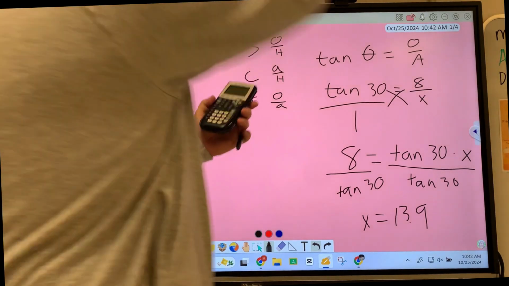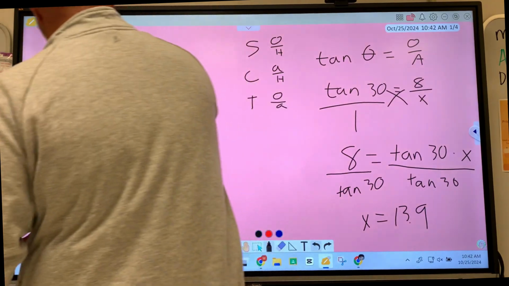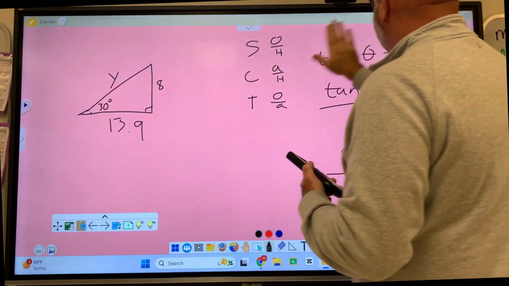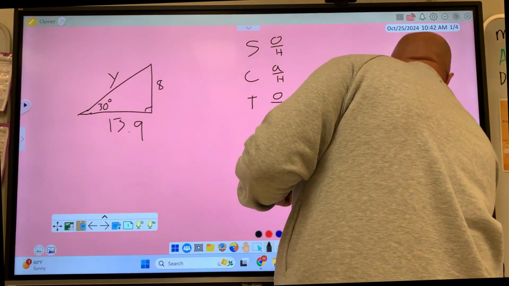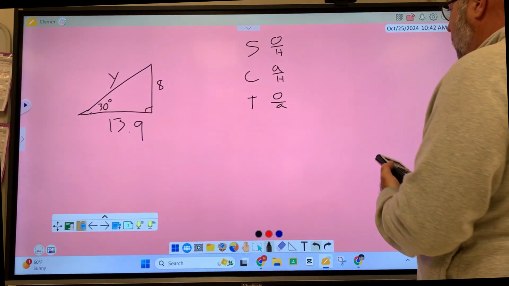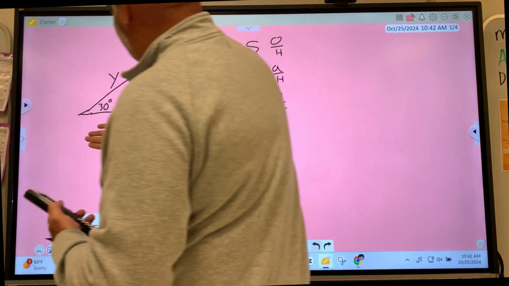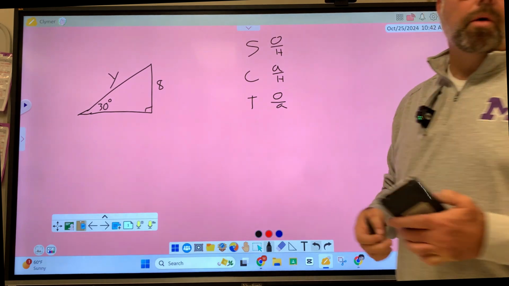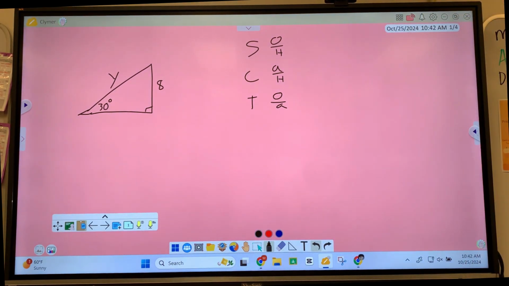So now let's figure out the hypotenuse. I'm going to just erase this, start over. So now let's pretend we didn't have this that we already solved for. So now how do we solve for y? Y represents what? The hypotenuse.